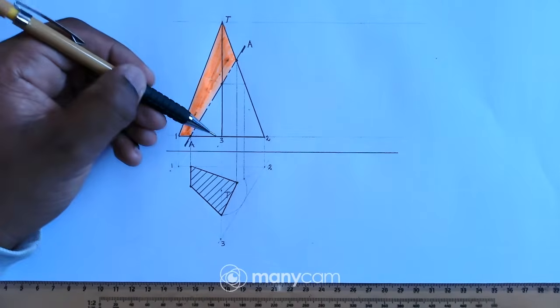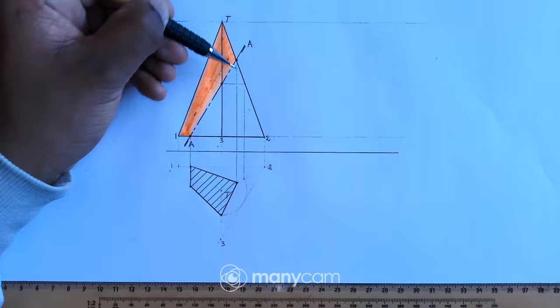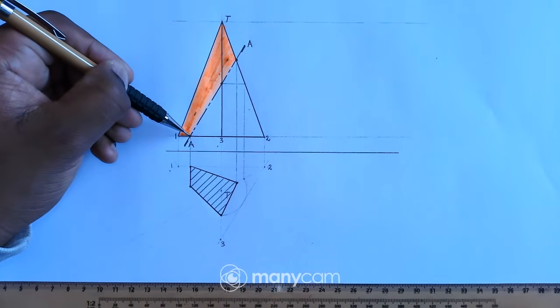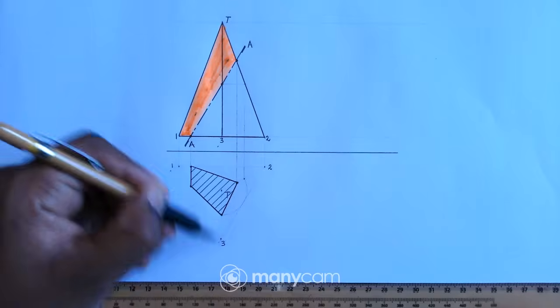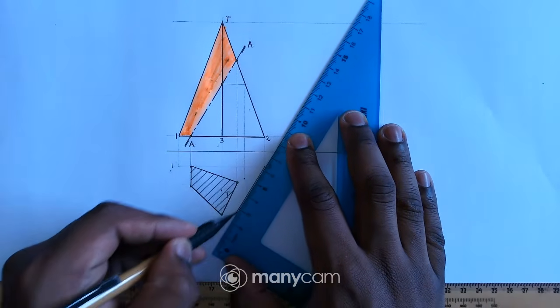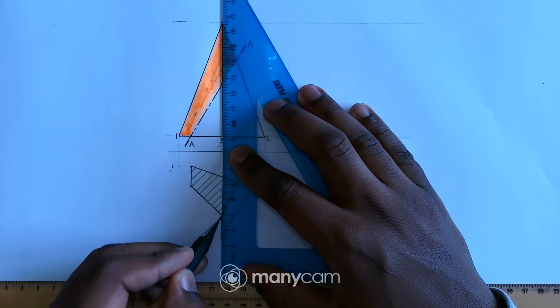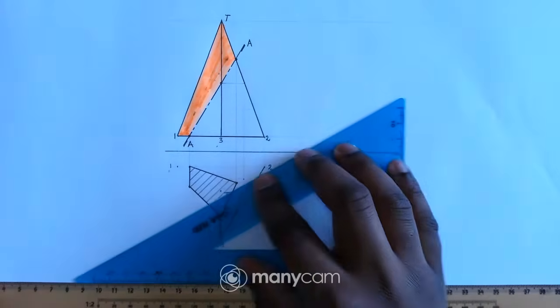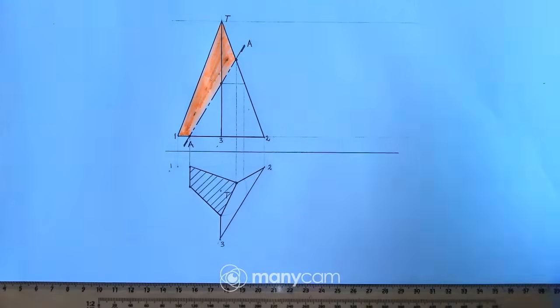So obviously we still have point 3, point 2, and also these points from the cut surface, right? So that means I'll only draw these lines on our top view, like that, and also this one. One there.